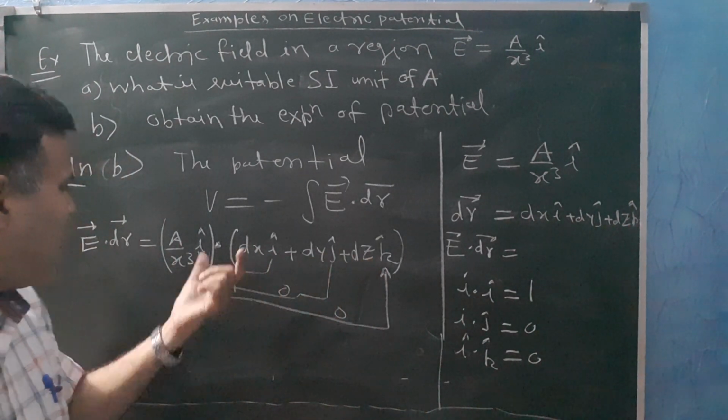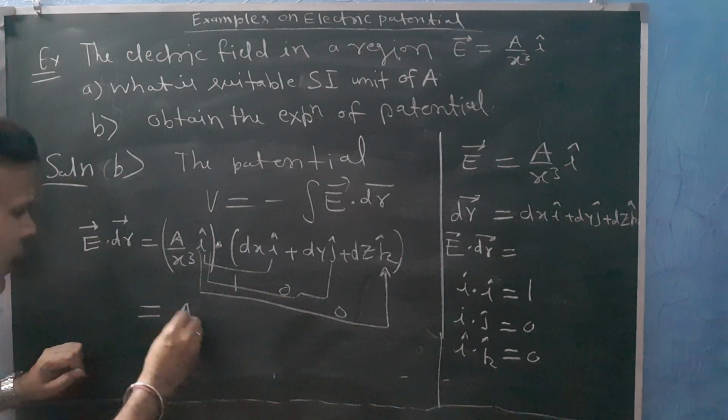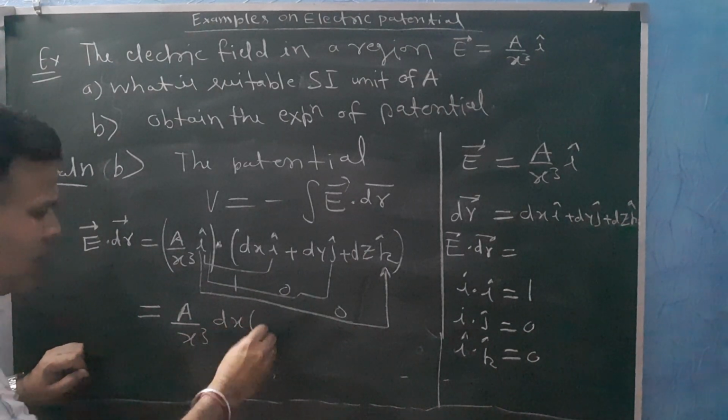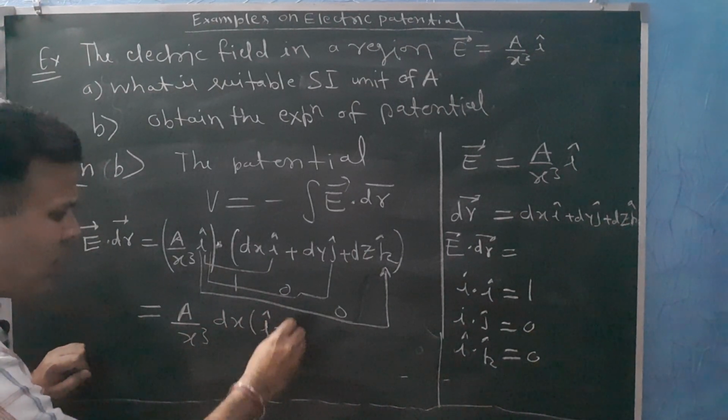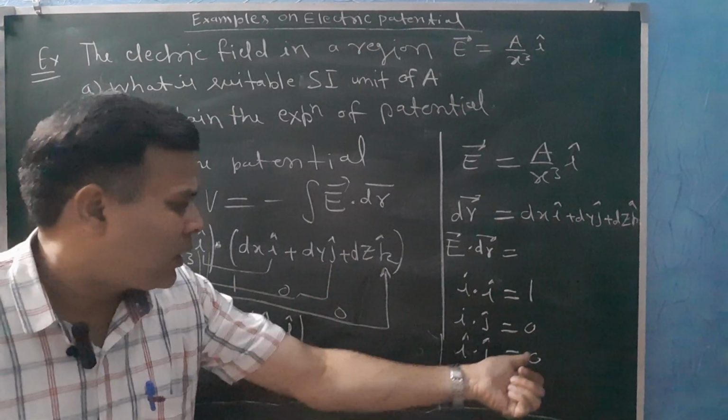So what we have is simply A by x cube dx i dot i, and the rest will be i dot j is 0, i dot k is 0.